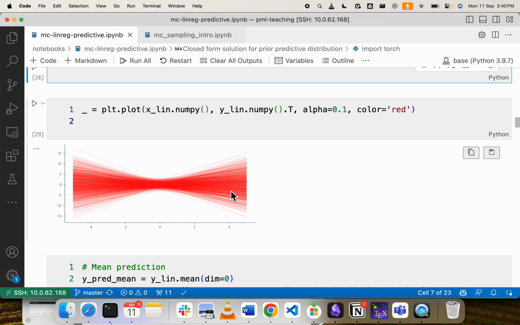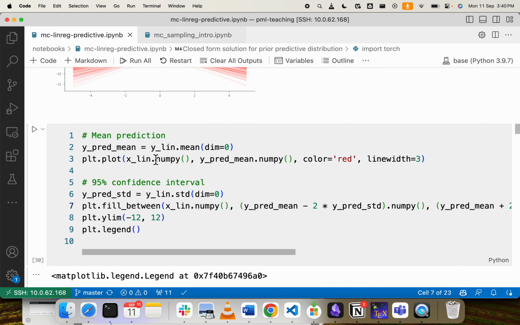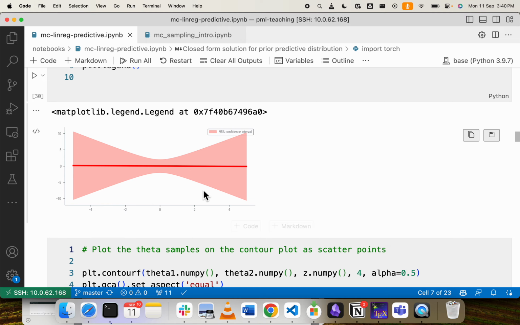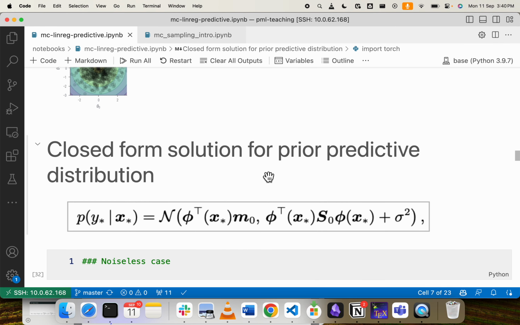That is the important thing. This is the prior predictive. And if you were to take the mean and the standard deviation, we'd get a graphic something like this. We'd also said that we know the closed form for the prior predictive distribution, which is something like this.